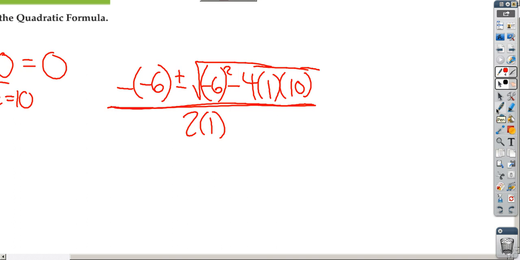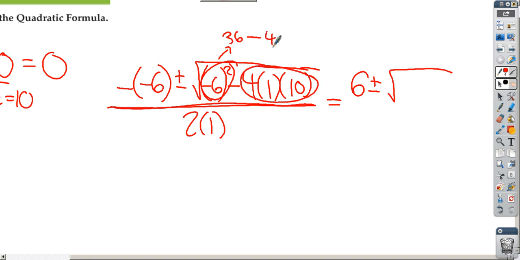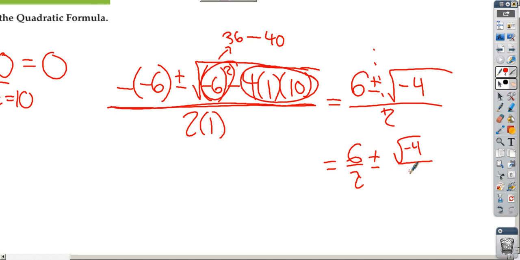So now let's simplify this. Negative 6 is positive 6, plus or minus the square root of negative 6 squared, that's 36, minus, and then 4 times 1 times 10 is 40, so minus 40. 36 minus 40 is negative 4, over 2 times 1, over 2. Let's split this down the middle. We get 6 over 2 plus or minus the square root of negative 4 over 2.